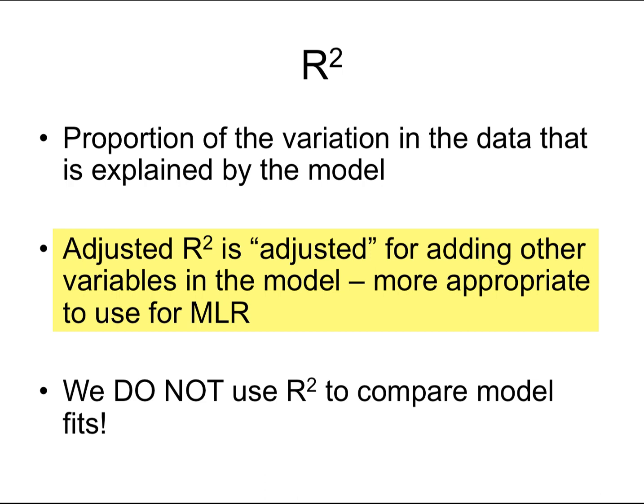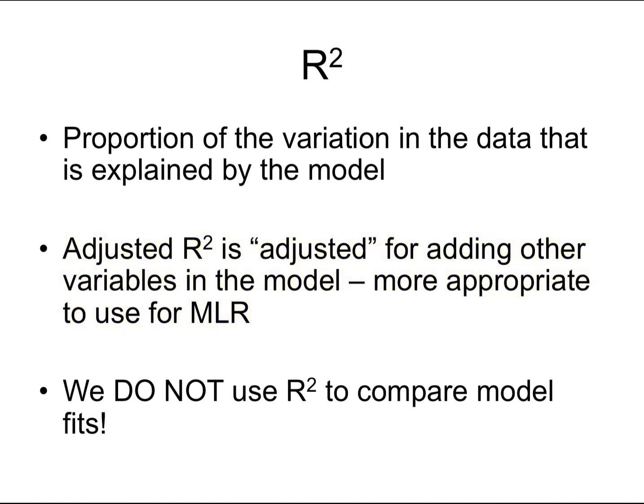Whenever you add explanatory variables to your model, the R-squared will always go up, even if just by a little bit, even if a variable is not really that important. So adding a variable to your model will always increase the R-squared a bit just because of chance association. So the adjusted R-squared accounts for that. It's basically the R-squared minus a penalty for the number of x's in your model.